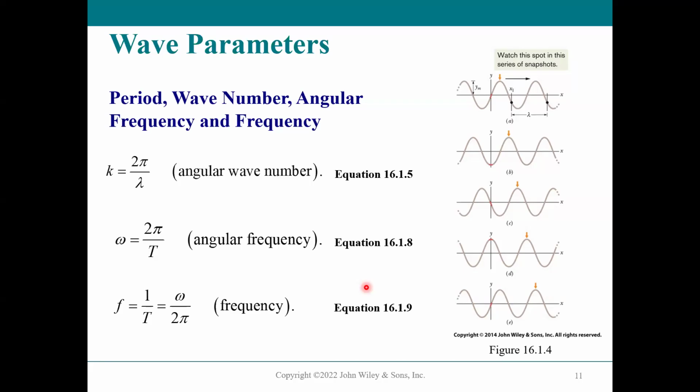The relation of the period and the frequency is that frequency is 1 divided by the period T, and omega is 2 pi times the frequency. These are very important parameters of waves: the angular wave number k, the angular frequency, and the frequency.